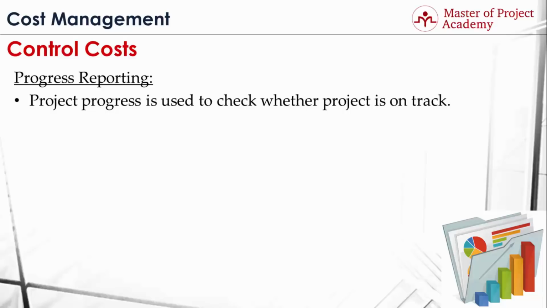And when you check your project progress, if there are things going wrong, for example, if your project is behind schedule or over budget, you have to take corrective action in order to get back on track, and this needs to be reported to the project stakeholders appropriately. Otherwise, stakeholders might panic whether the project will be accomplished successfully.